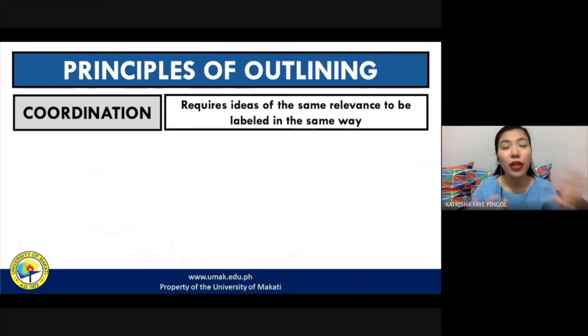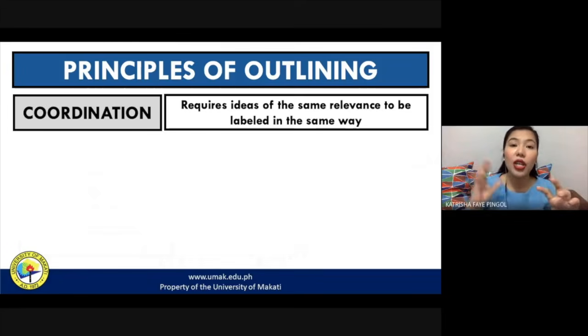Okay, so for example, if you labeled it 1, then you should stick with labeling the second main idea with the number 2. Okay, so basically that is what coordination is all about. If it's a subordinate, for example, you started for the main idea you used alphabets, and then for the supporting idea or supporting details you use numbers.